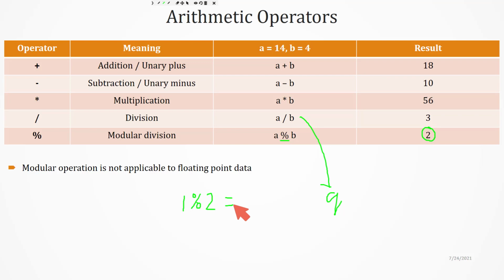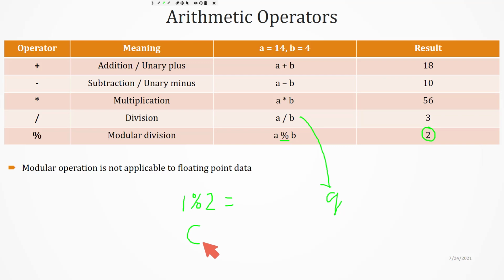So when I divide 1 by 2, what will be the quotient? How many 2s are there in 1? Inside 1, how many 2s are there? 0.